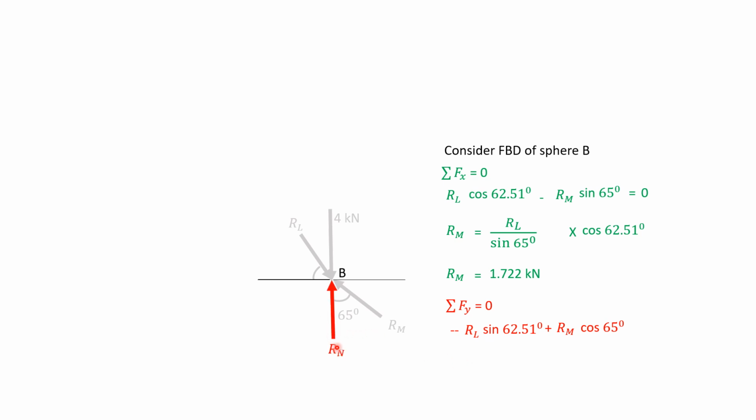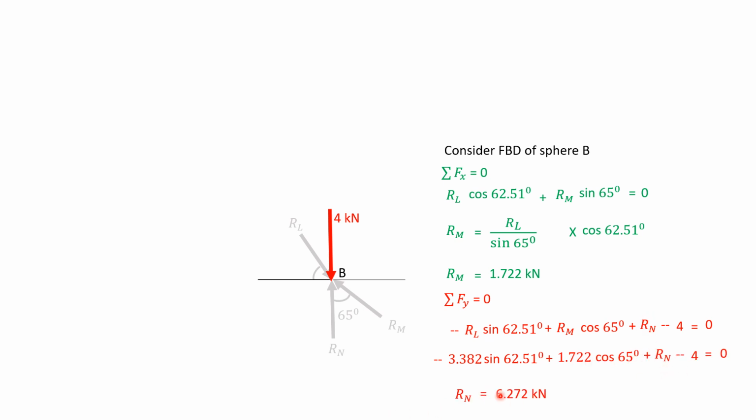And here one more force, RN, directed towards positive y-axis, so plus RN, and this force minus 4, directing towards negative y-axis, equal to 0. Substituting for RL and RM and calculating for RN, we get RN equal to 6.272 kilonewtons.